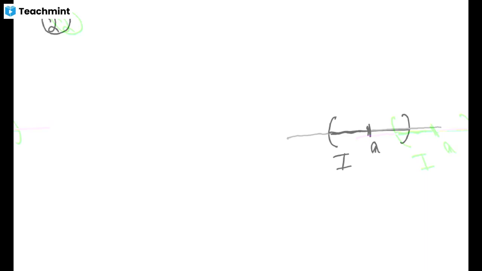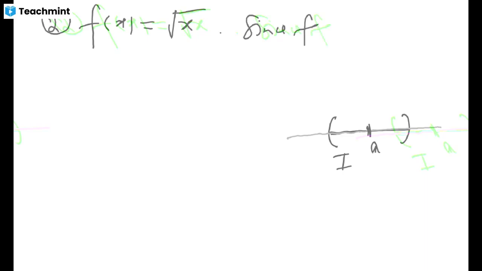For this, consider the function f of x equals square root of x, which is defined at 0. At 0 it has the value 0, but for x less than 0, f of x remains undefined.